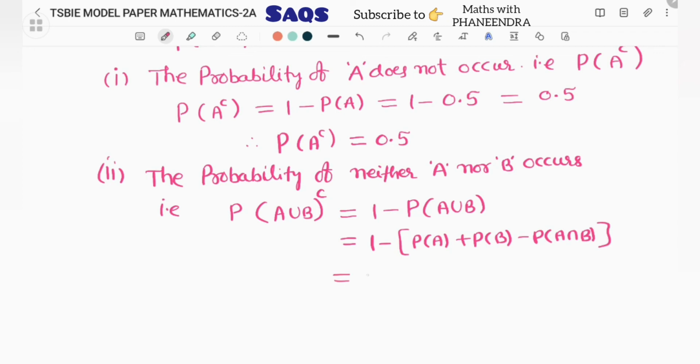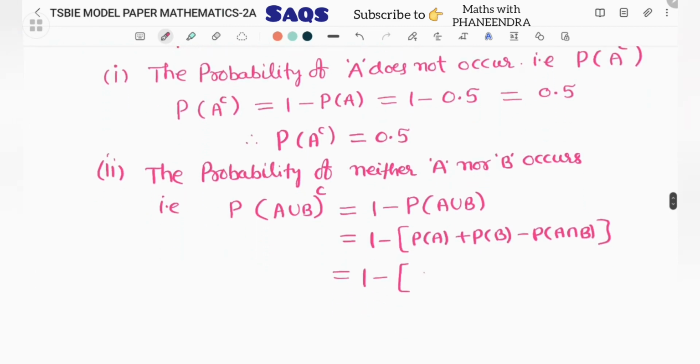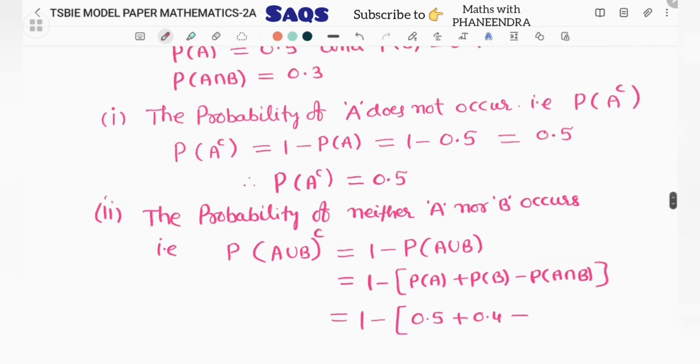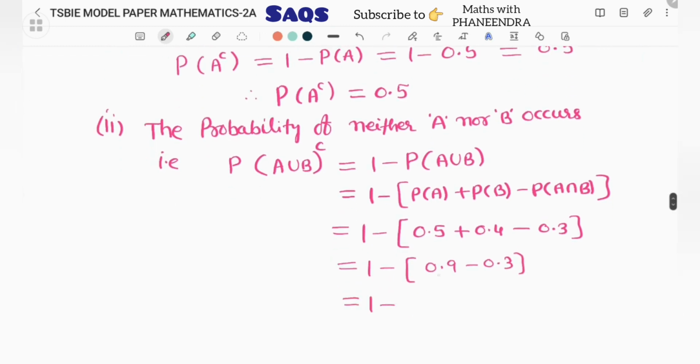So which is equal to 1 minus, P of A value 0.5, plus P of B 0.4, minus P of A intersection B which is 0.3. 1 minus 0.5 plus 0.4, 0.9 minus 0.3, which is equal to 1 minus 0.6, which is equal to 0.4.